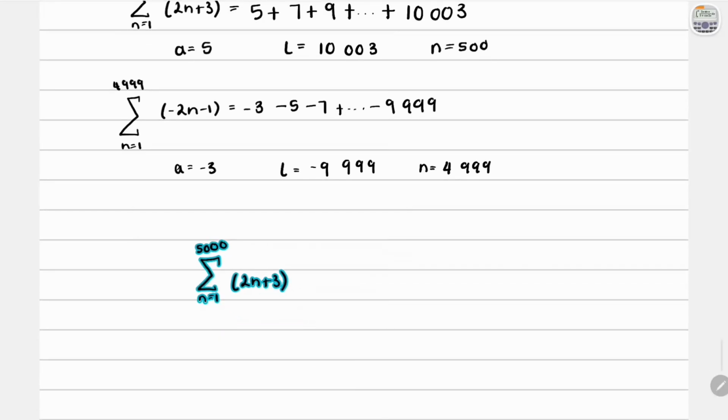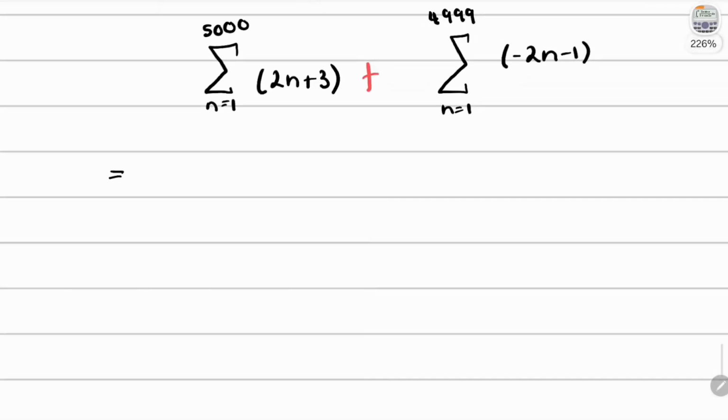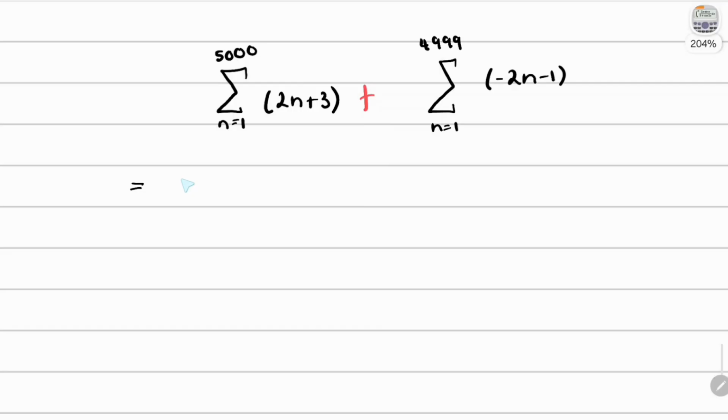Okay, so let's go ahead and form this. So we're taking the sum of this series plus the sum of this series. We're going to find the sum of the series. So, Sn is equal to n over 2 times a plus l. You don't really have to write the Sn part. You can just substitute.